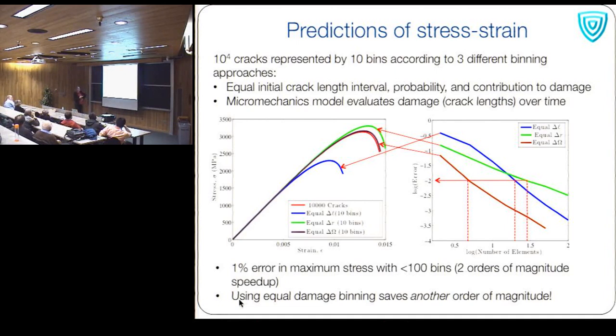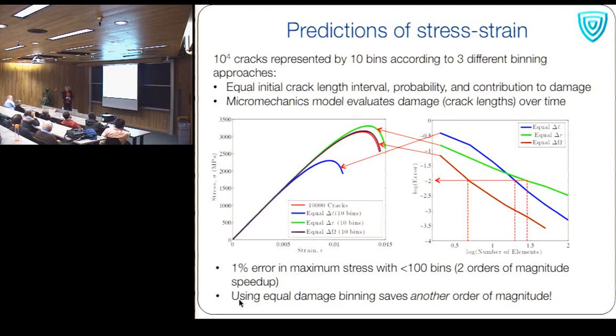This is just a plot of the error as a function of the number of bins. Basically, that's what number of elements means. We should have said number of bins there. And we see, again, that the equal damage binning exhibits lower error. So by being clever about how we binned, we saved about another order of magnitude. Binning alone saved us 3 orders of magnitude in this case.